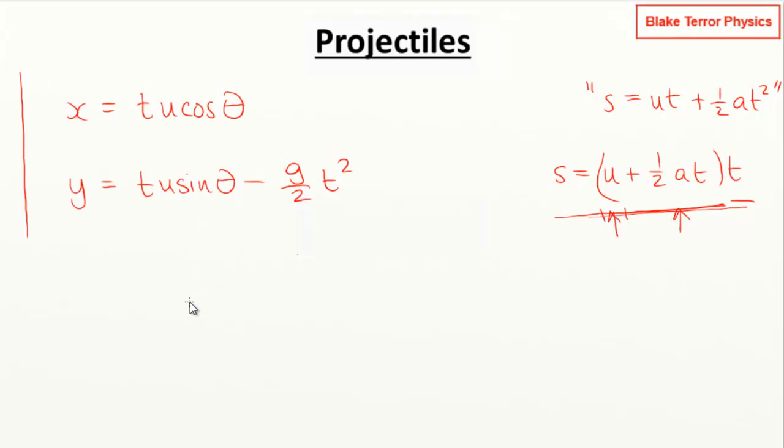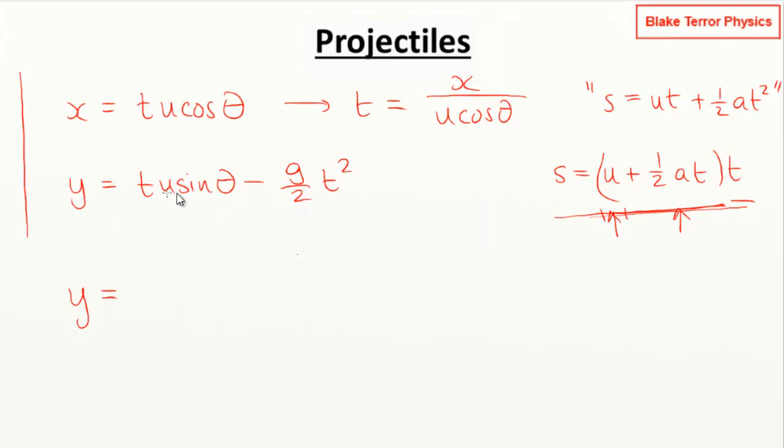We can combine these. We can turn the first equation into having t as the subject, x over u cos theta, and then we can plug that into the second equation, substituting for t, in order to get a Cartesian equation of y as a function of x, rather than having x and y as functions of t.